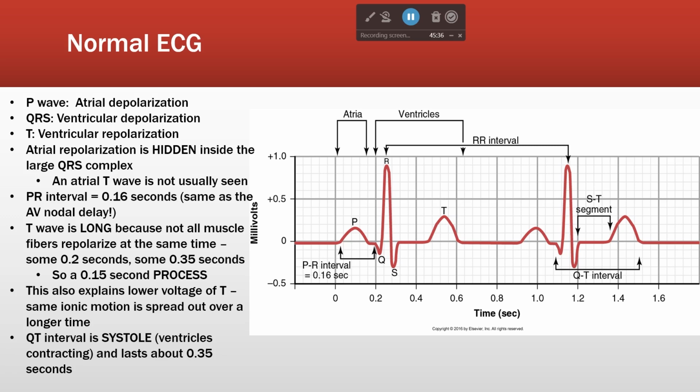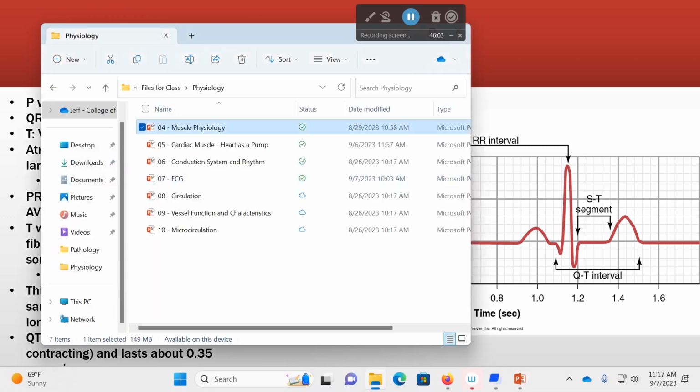So if that heart muscle is sick, the place you're going to see abnormalities is between the S and the T. One of our common examples is a STEMI, an ST elevation MI. So it's a myocardial infarction that results in an elevation of the ST interval on the EKG. So you can use these things for diagnosis.